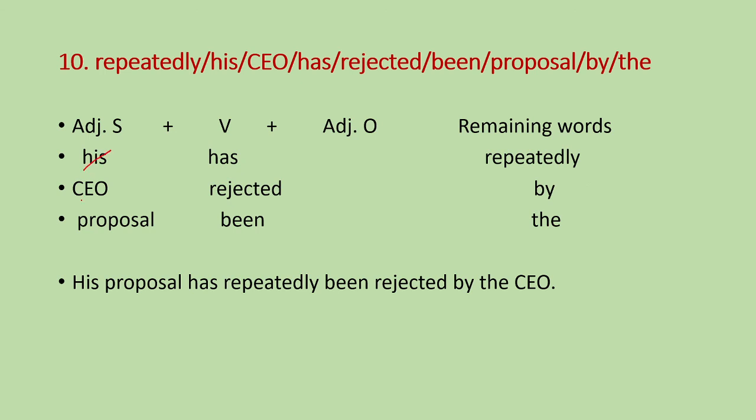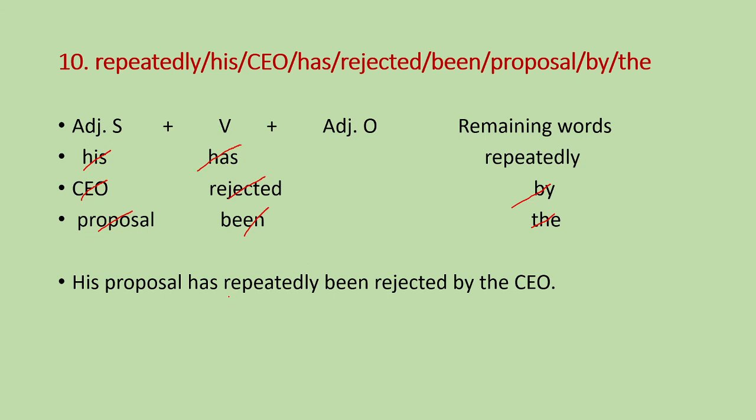His is done, CEO, proposal we've used, rejected we've used, been we've used. So repeatedly is left. Now we have to fit in the word repeatedly. So his proposal has repeatedly been rejected by the CEO.